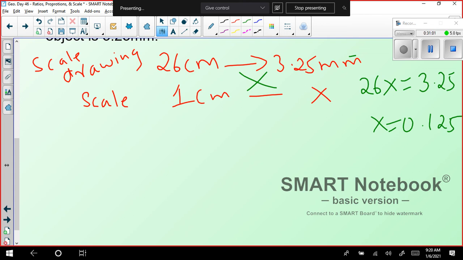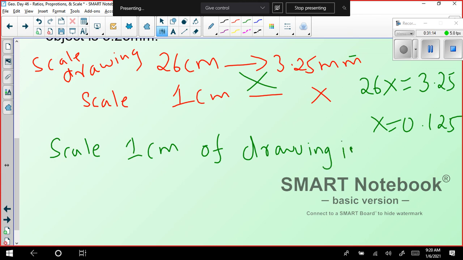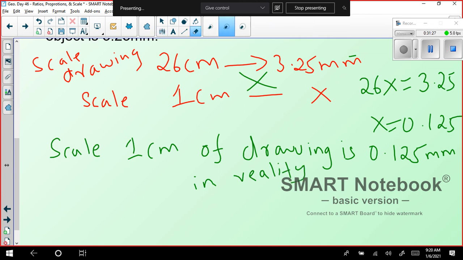So the scale is 1 centimeter of drawing is 0.125 millimeter in reality. I hope this is clear.